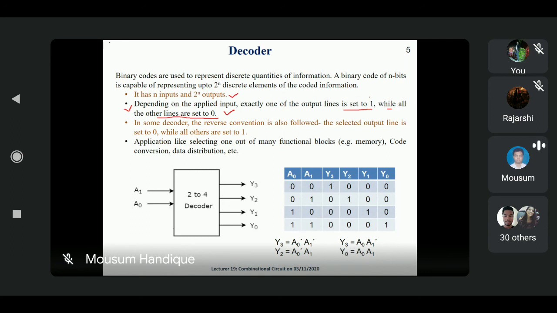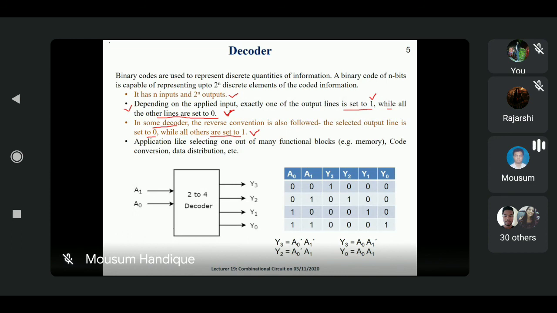When one line is active, we denote it as 1, and all the deactive lines we denote as 0. But you can use the reverse convention also. In some decoders, the selected output line is set to 0, and all the deactive lines are set to 1.